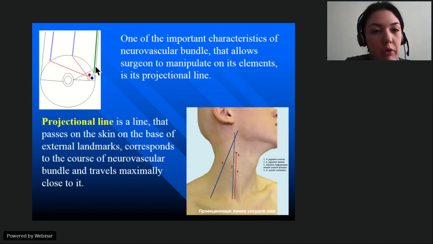Here, the green line in this picture is the projection line of this neurovascular bundle. We said that if we dissect the skin along the projection line, and then go deeper and deeper, we will finally reach the neurovascular bundle. And it will be the nearest way to this neurovascular bundle. Okay.